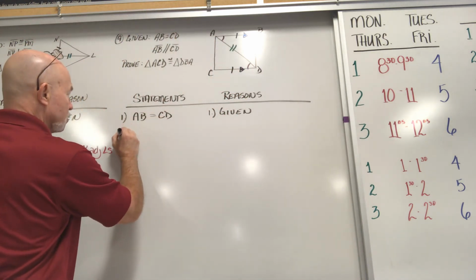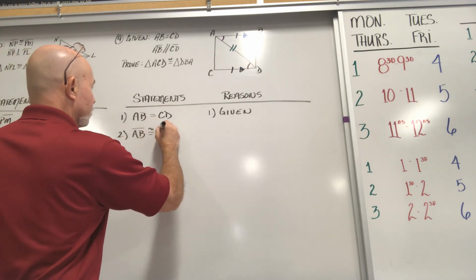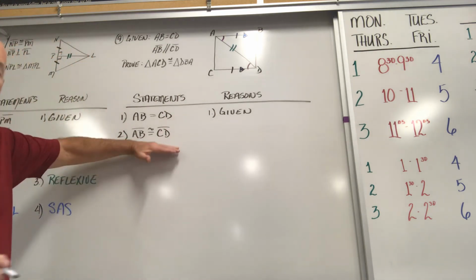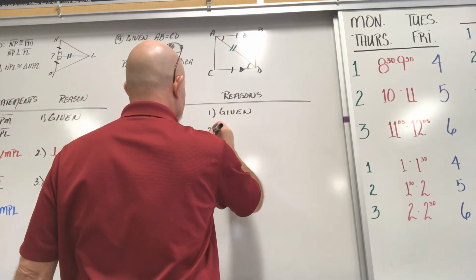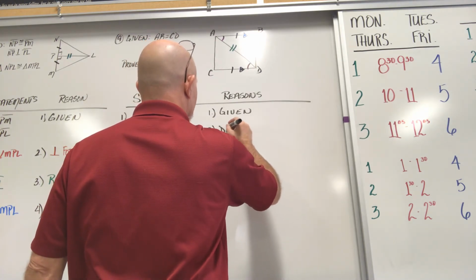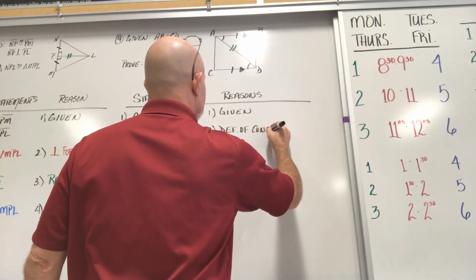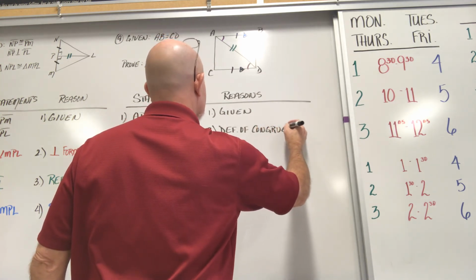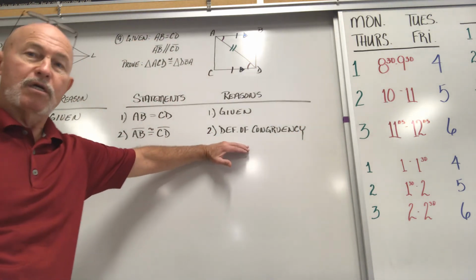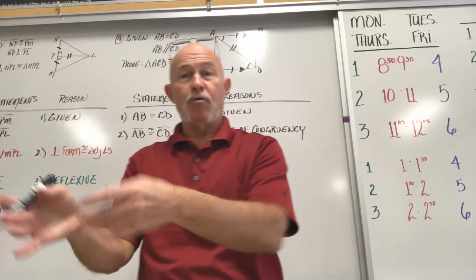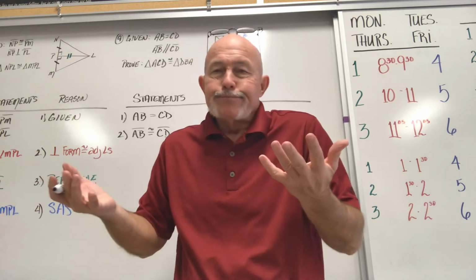It's not difficult. If two segments are equal, then they are congruent. It's that easy. We just call it the definition of congruency. If things are equal, then they're congruent. If they're congruent, they're equal.